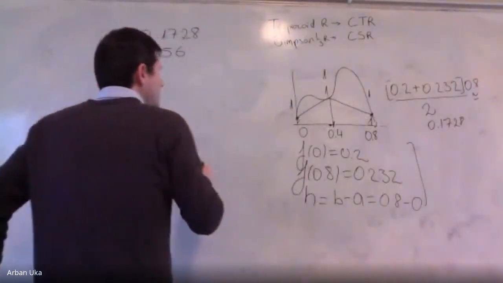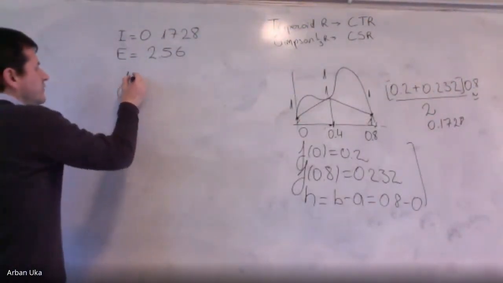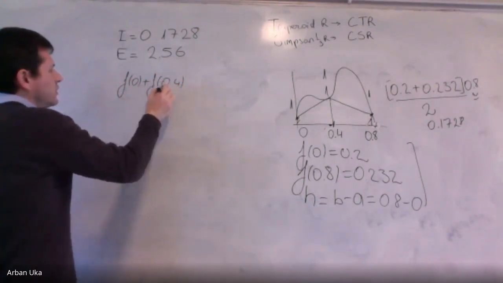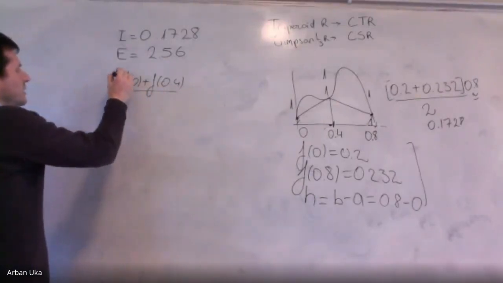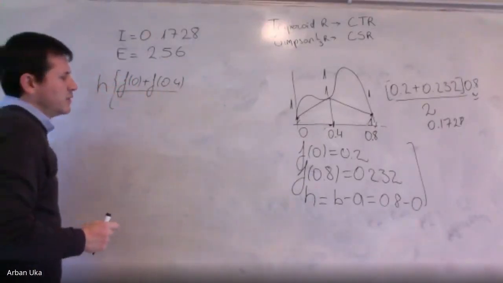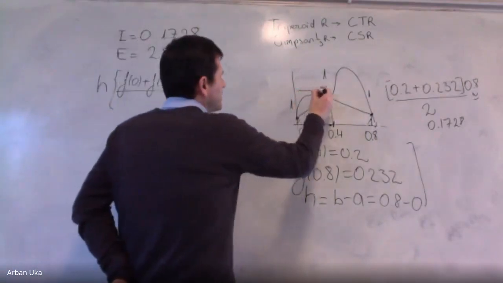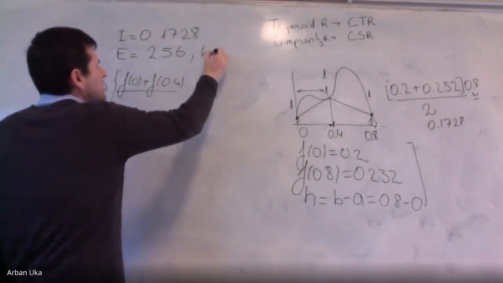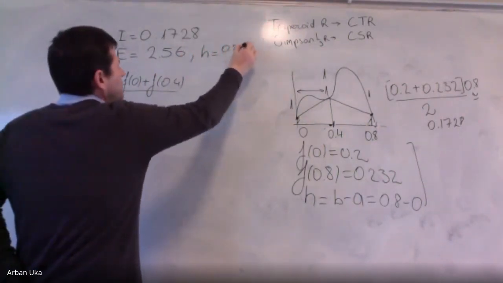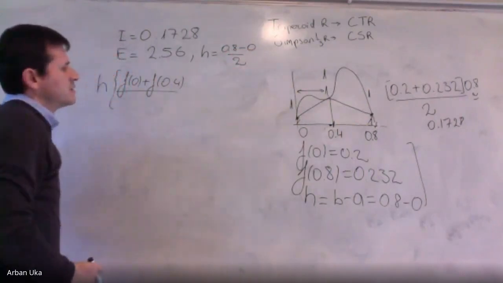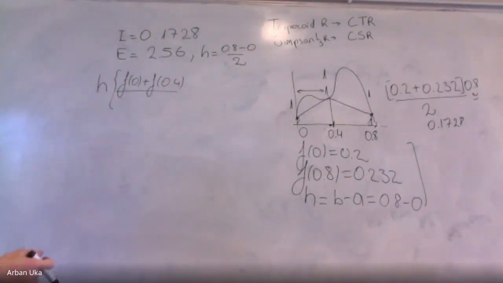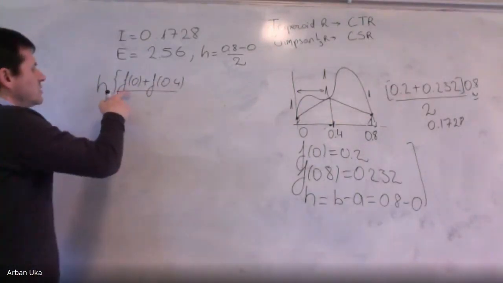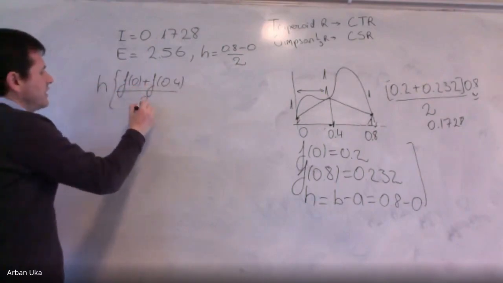We have f evaluated at 0 plus f evaluated at 0.4, times h, where h in this case is equal to a smaller segment. H is equal to 0.8 minus 0 divided by 2. H is a very important parameter to notice, specifically when you go to more complex numerical integration techniques. So here we have h times these factors divided by 2.